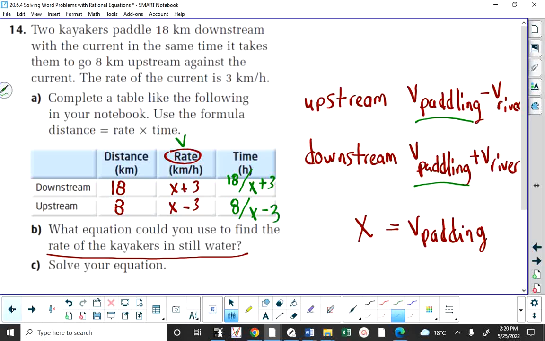And the column that I filled in with green here, Ashlyn, is the one that we build the equation with. So numbers, check. Variables, check. Third column, by using the other two columns, done. Now we build the equation. What's the relationship between these two times?